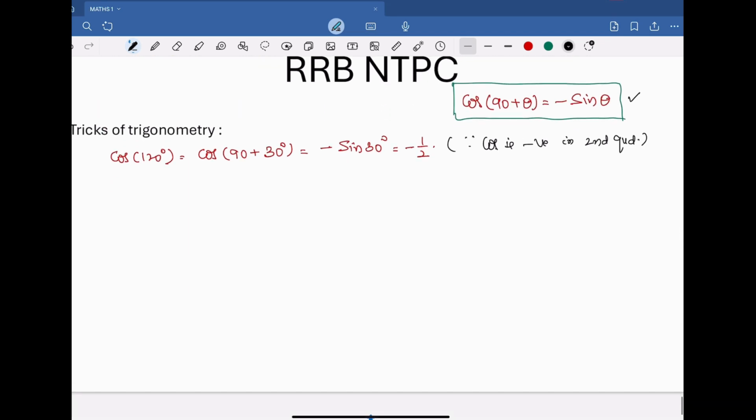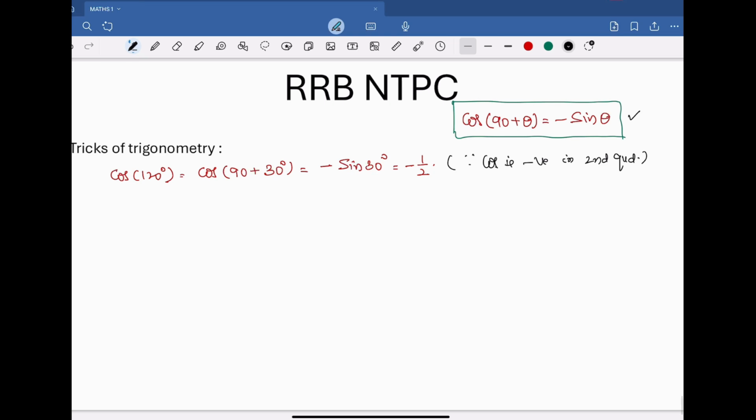Now, what happens to tan? Tan 120 is sin 120 divided by cos 120.